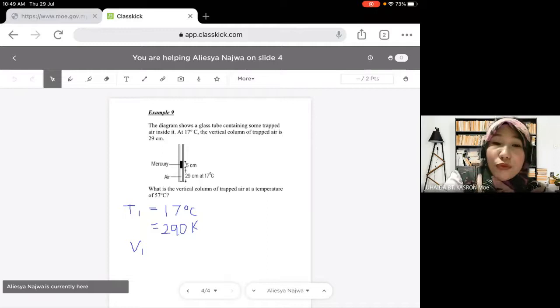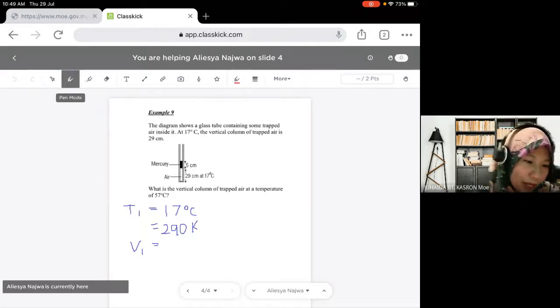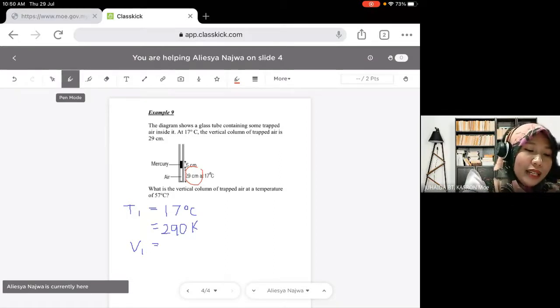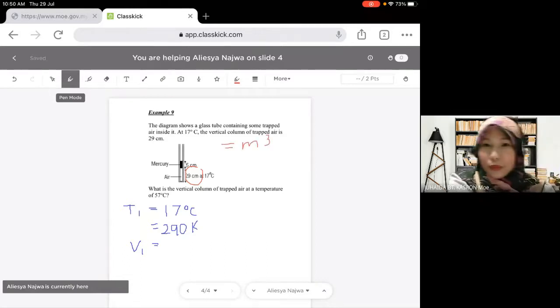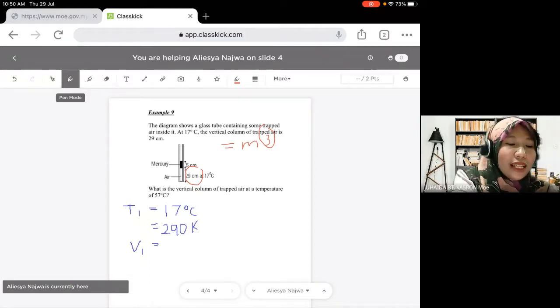Now V1. How to find the volume? This is the trapped air inside the vertical column here. Alisha, I need to make some writing on your slide. This one, 29. Actually, the volume must be in centimeter cube. There is a cube here. This is the height, the vertical column, 29 centimeter.